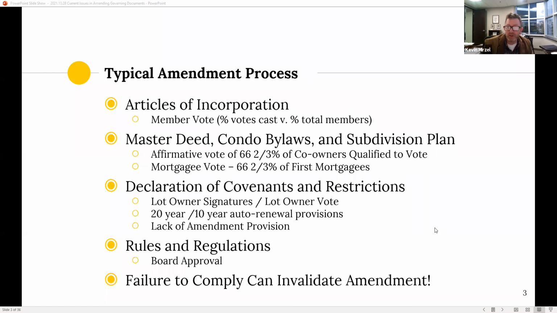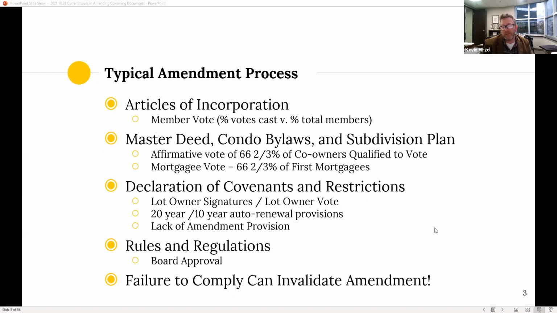It's going to have insurance, what you're obligated to do by way of insurance. The condo bylaws tend to be pretty significant to people because it tells people what they can and cannot do with their unit: pets, rentals, vehicles, that kind of thing. So whenever you're going about an amendment project, really you need to get that aspect of it right.